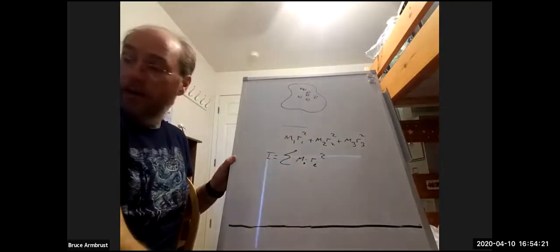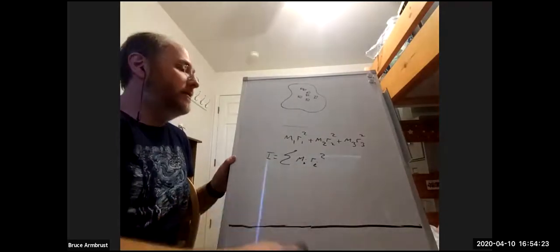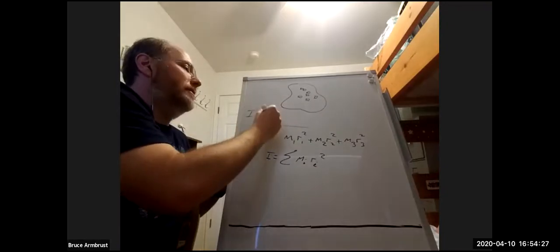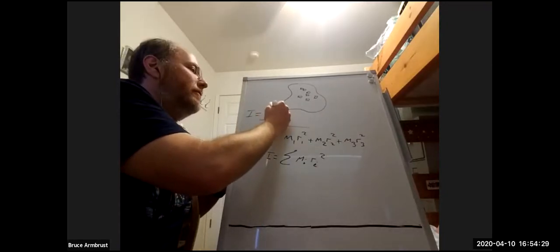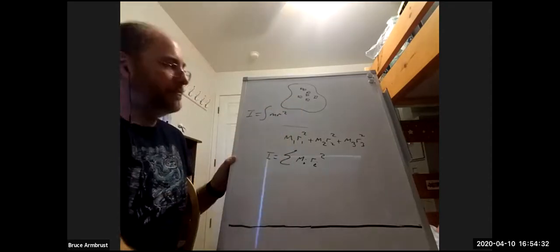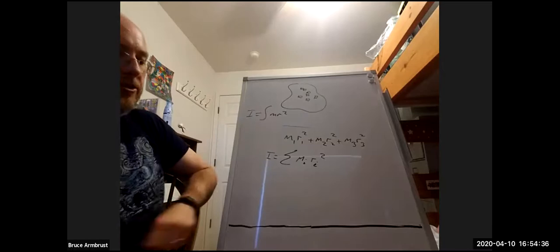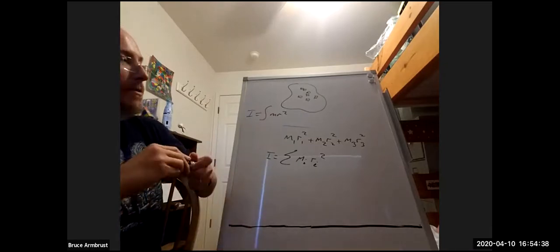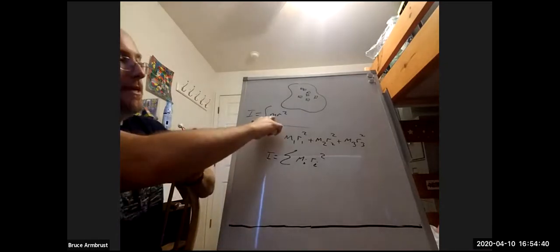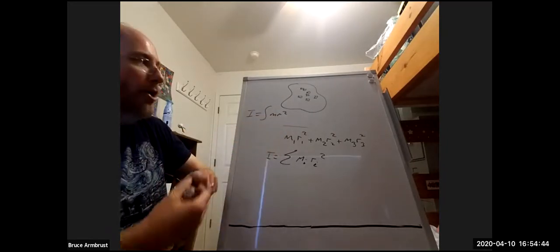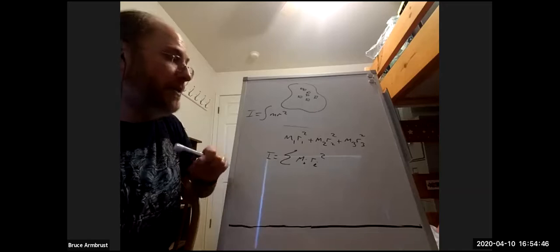So the way that we're going to define it is that the moment of inertia I is the integral of the mr squared. And you notice I didn't put a little differential in there because sometimes we want the differential to be a differential mass, sometimes we want it to be a differential r, but usually it's differential mass.